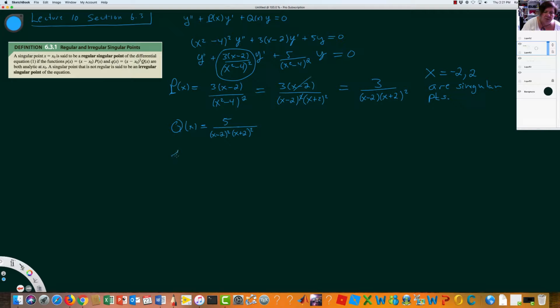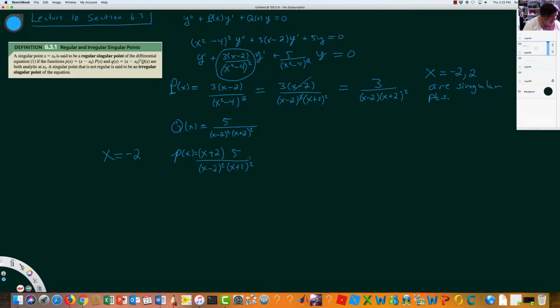All right, so little p of x is x minus x naught times P, where x naught is our singular point. Let's test the minus 2 point first, so x equals minus 2. So x minus x naught is x plus 2, times 3 over (x minus 2) (x plus 2) squared.